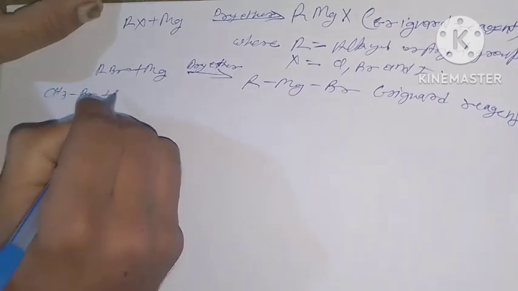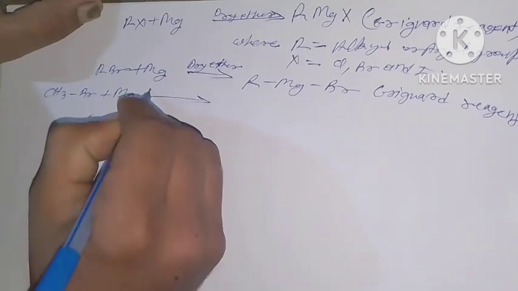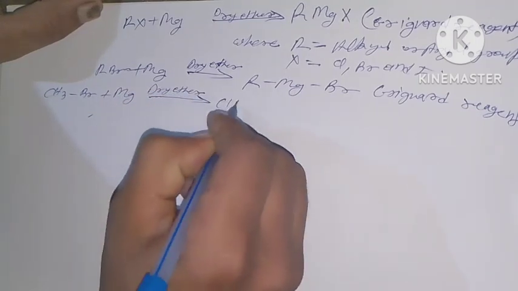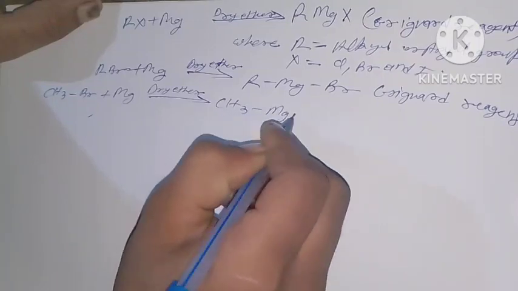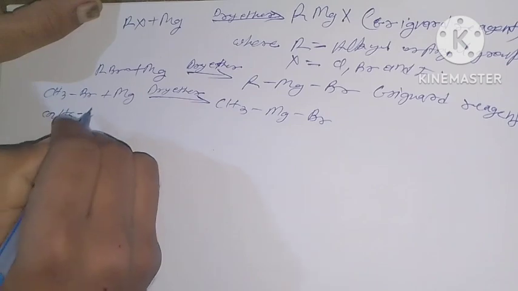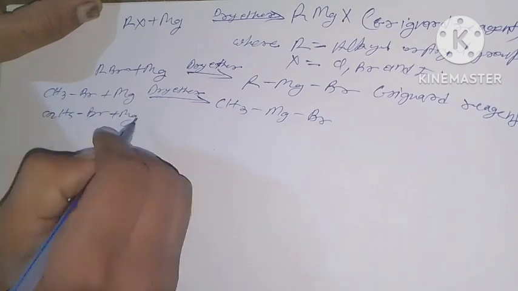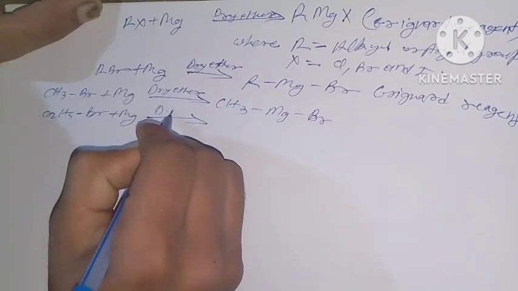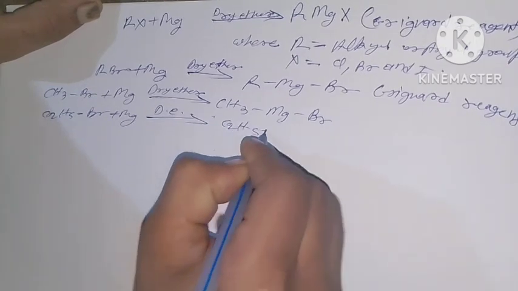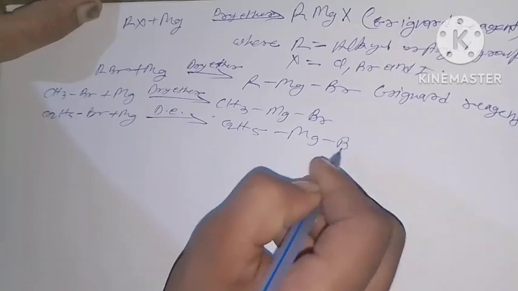CH3Br plus magnesium in the presence of dry ether gives CH3MgBr. C2H5Br plus Mg in dry ether gives C2H5MgBr.